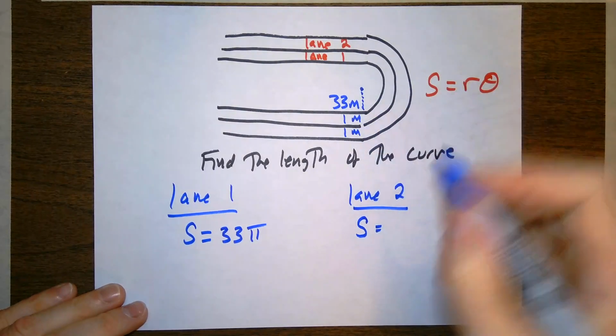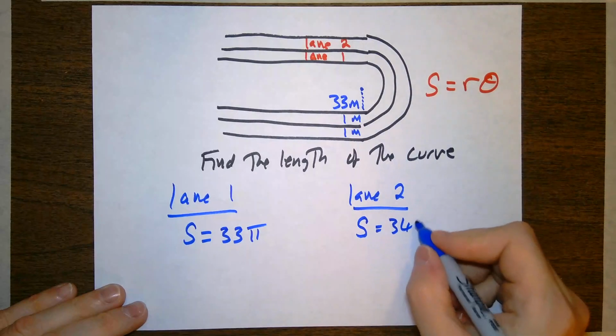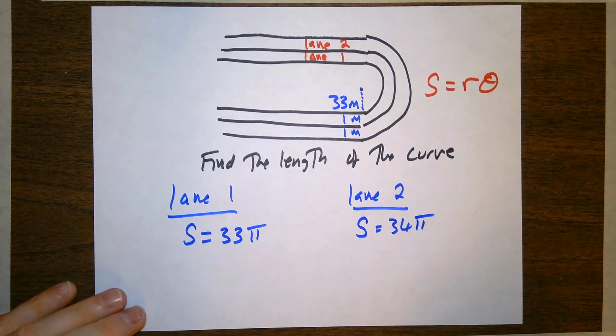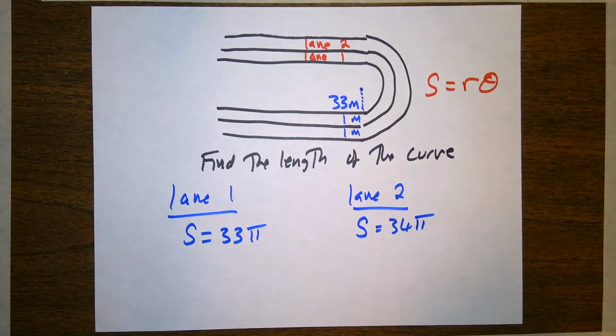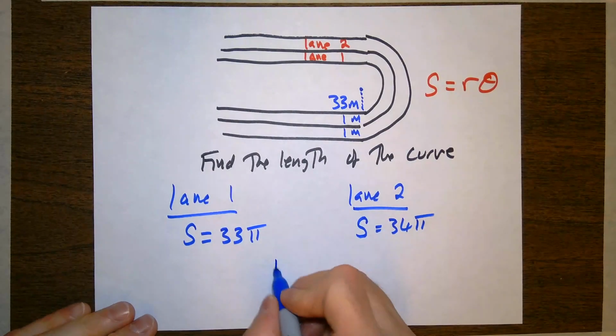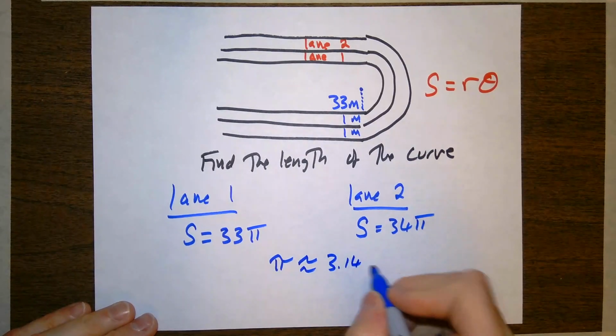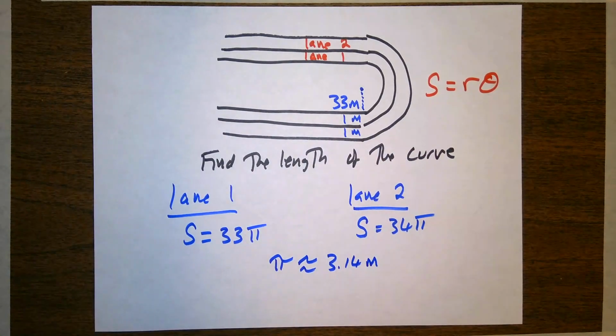Now I have an extra meter here, so it's going to be 34 times the angle pi. Now as you look at this, you might say, well, really, is that it? Is that all there is to it? Yes, the difference is just going to be pi. So one is going to be pi longer, which we know is approximately 3.14 meters.